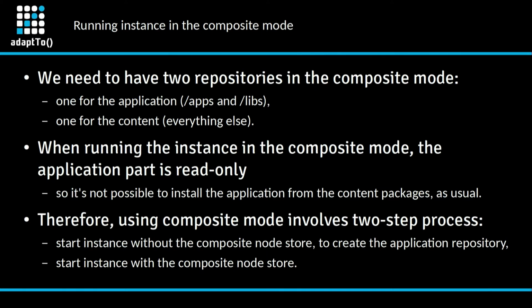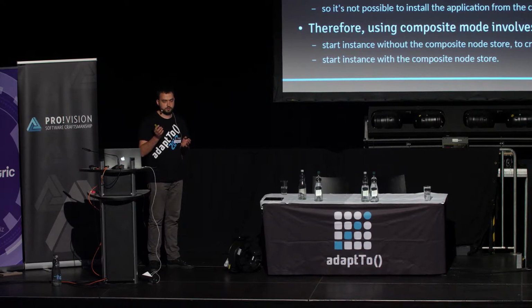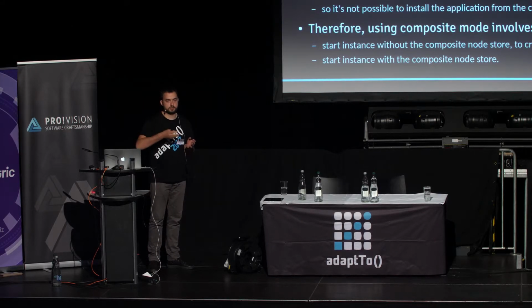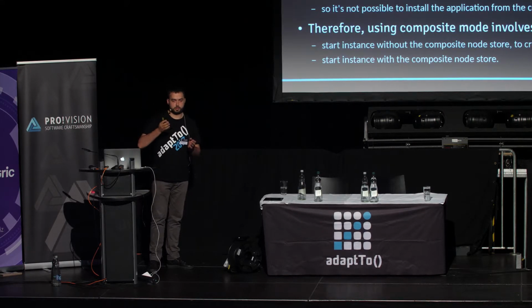So normally when you are starting AEM, it starts with an empty repository, and then it uses some embedded content packages to install the whole content, the /content, /home, /var, /apps, and so on. And in this case, we cannot really do this, because if we start AEM with an empty repository, then it will try to install everything under apps and libs, and it will fail because it's read-only.